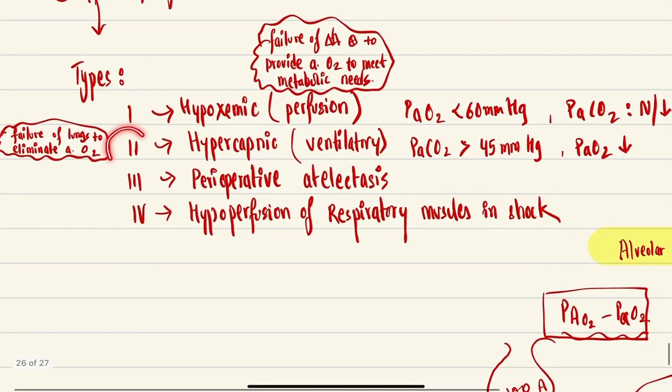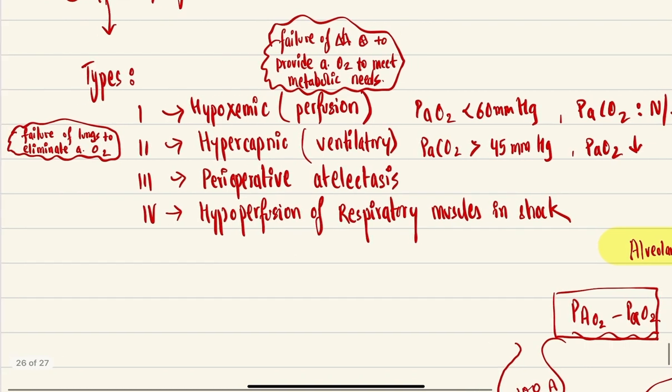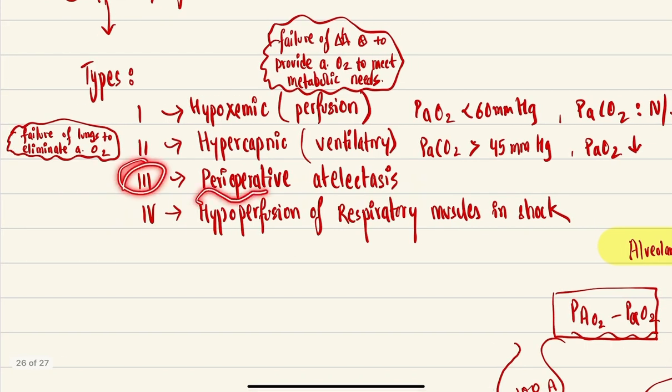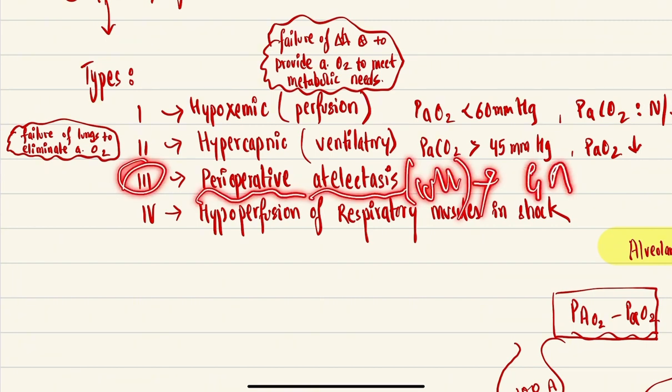Type 2 failure is also called hypercapnic because the PaCO2 is more than 45 mm of Hg, and PaO2 is low. In case of type 3, there is perioperative atelectasis or collapse. This generally occurs during general anesthesia.